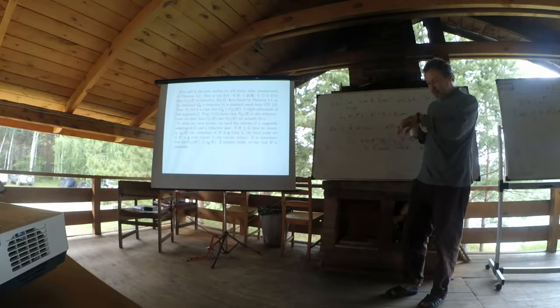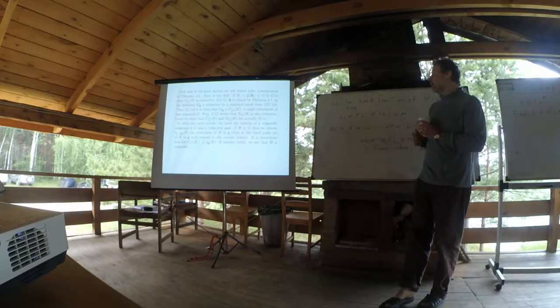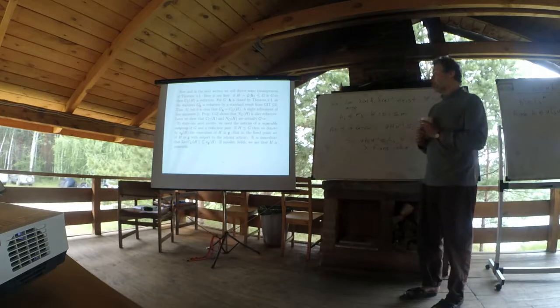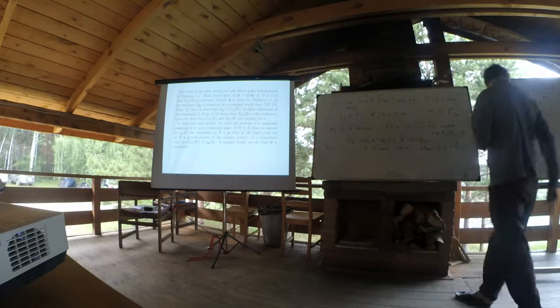So I've got a couple more results that I want to state. First, we need to define a couple of things. We need the notion of a separable subgroup and a reductive pair.